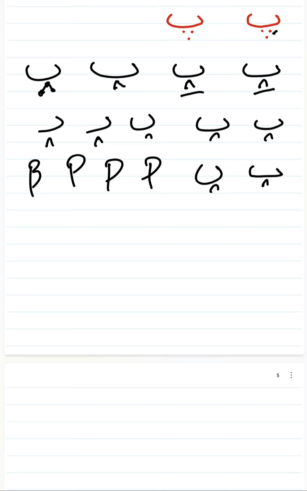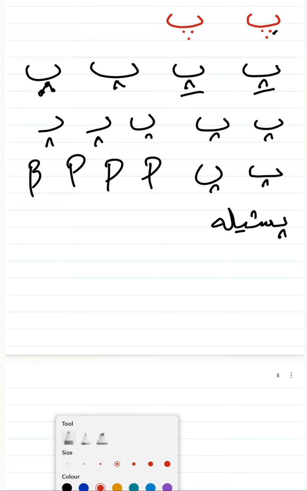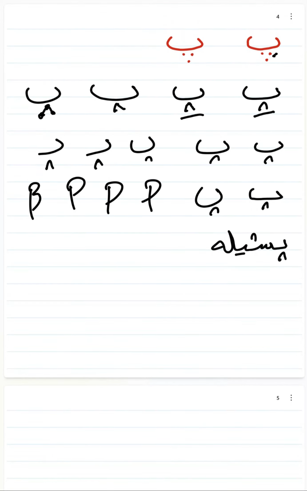Now, let's look at examples for the letter P. We've got the word pshila. P-sh-i-la. Again, don't worry about anything else. We will learn everything else in the future. What we've covered so far that you should know is this P and this bizwen, okay?